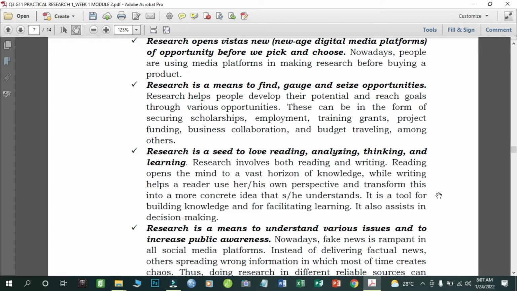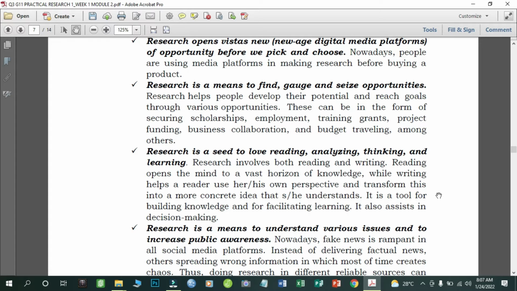It's a tool for building knowledge and for facilitating learning, and also assists in decision making. I think most of us read books nowadays, or online articles. Through research, you can gain more knowledge and improve your critical thinking skills.